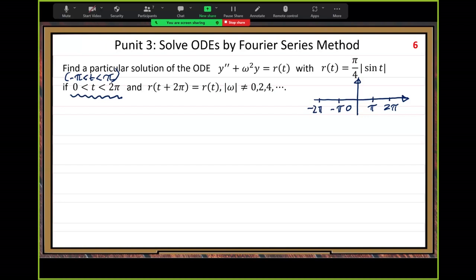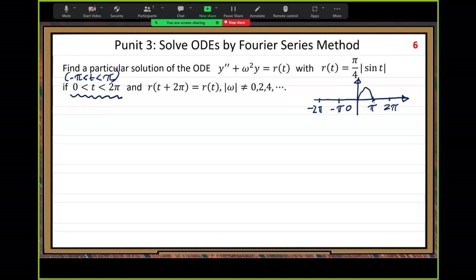Our function is defined on the interval between 0 and 2 pi as sine.